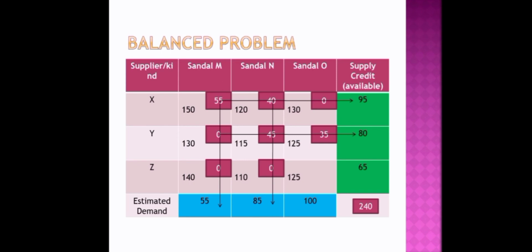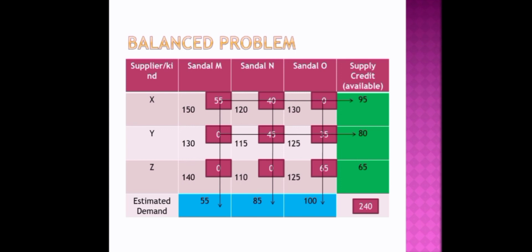To completely meet the estimated demand of the sandal, we need to subtract the allocated quantity, which is 35, from the estimated demand, which is 100. So 100 minus 35 is equal to 65. We will put 65 there and put a line in this area.